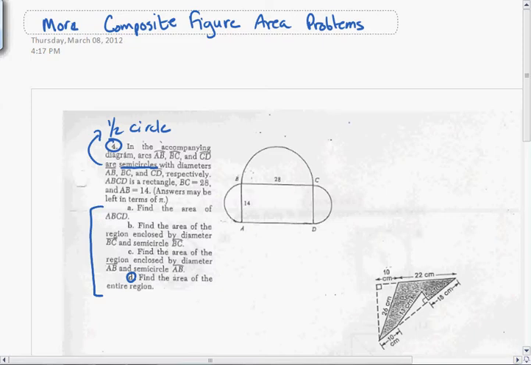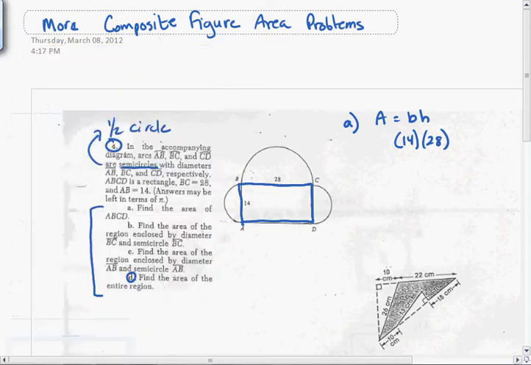So part A says find the area of ABCD. So this rectangle right here. The formula that I'm going to use, area equals base times height. I do have both the base and the height, 14 and 28.